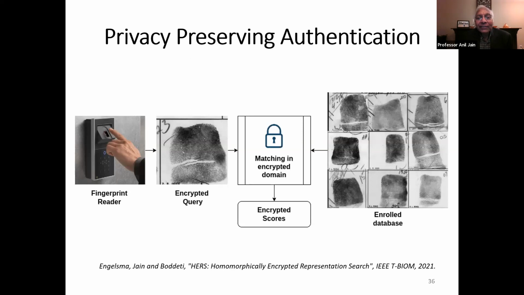But there are now techniques, something called homomorphic encryption, which allows you to do the matching in the encrypted domain. And there are some theoretical guarantees available that this is extremely secure.